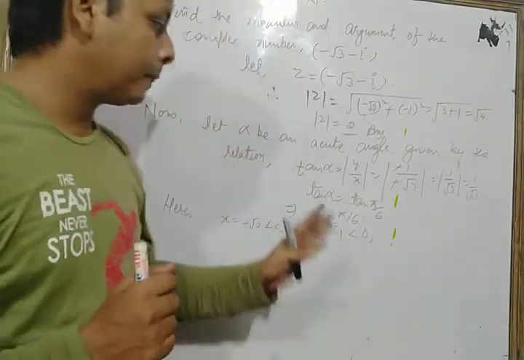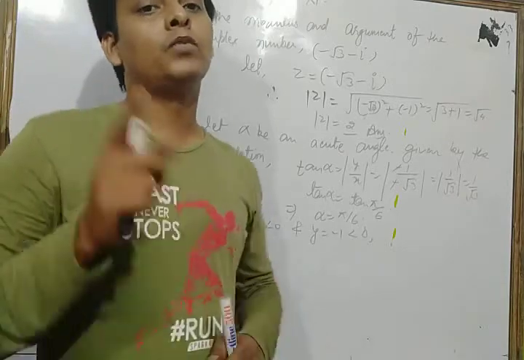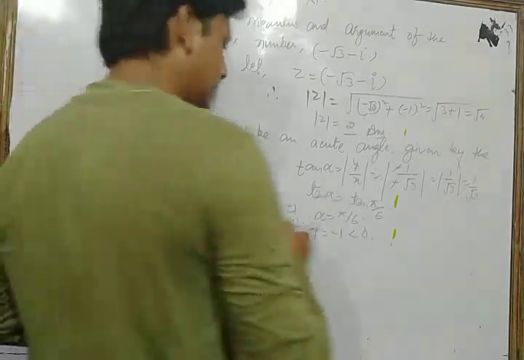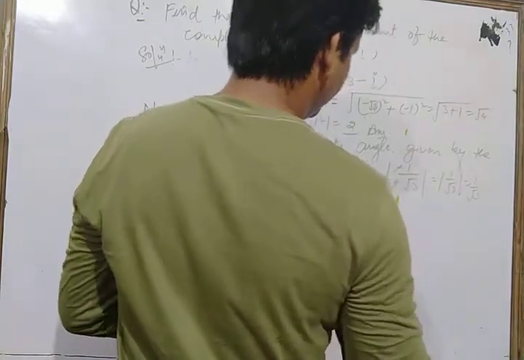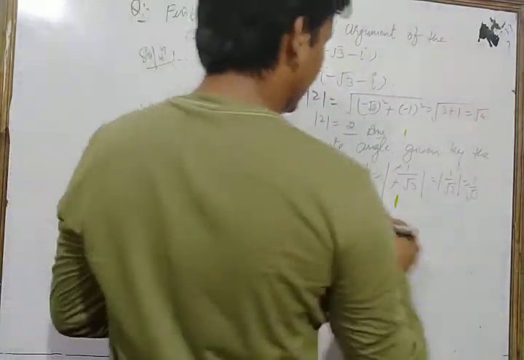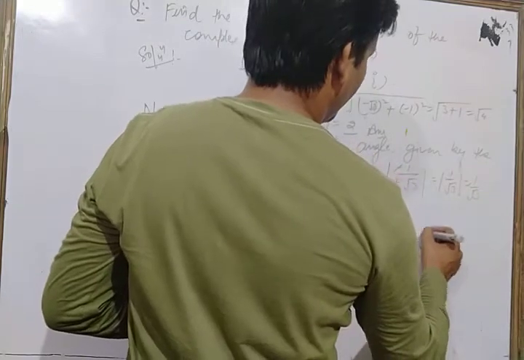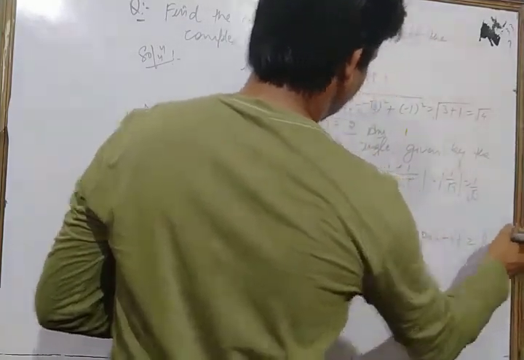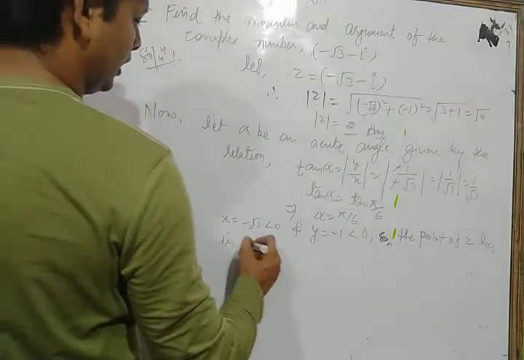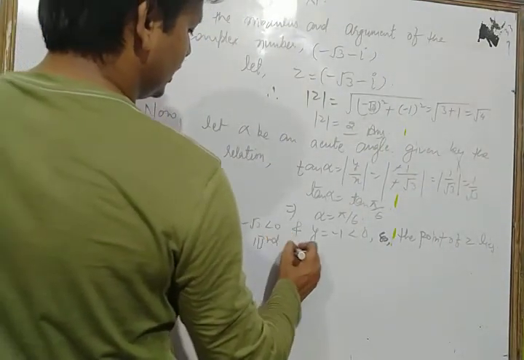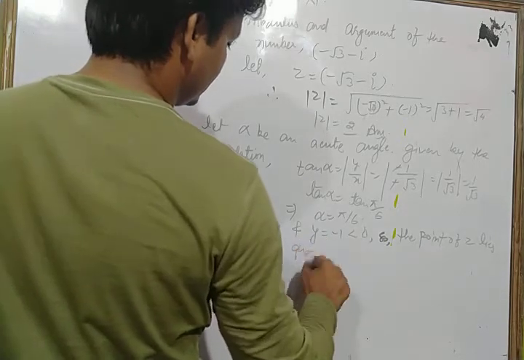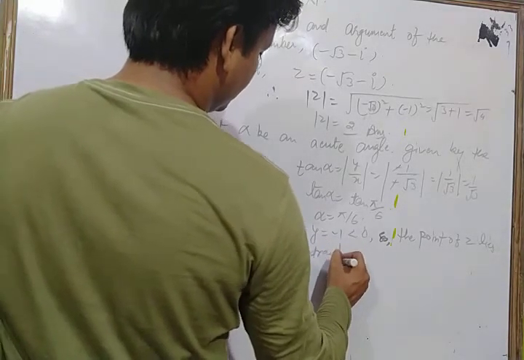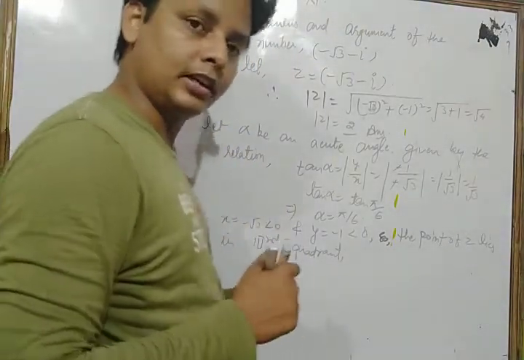So the point of z lies in the third quadrant in the Argand plane.